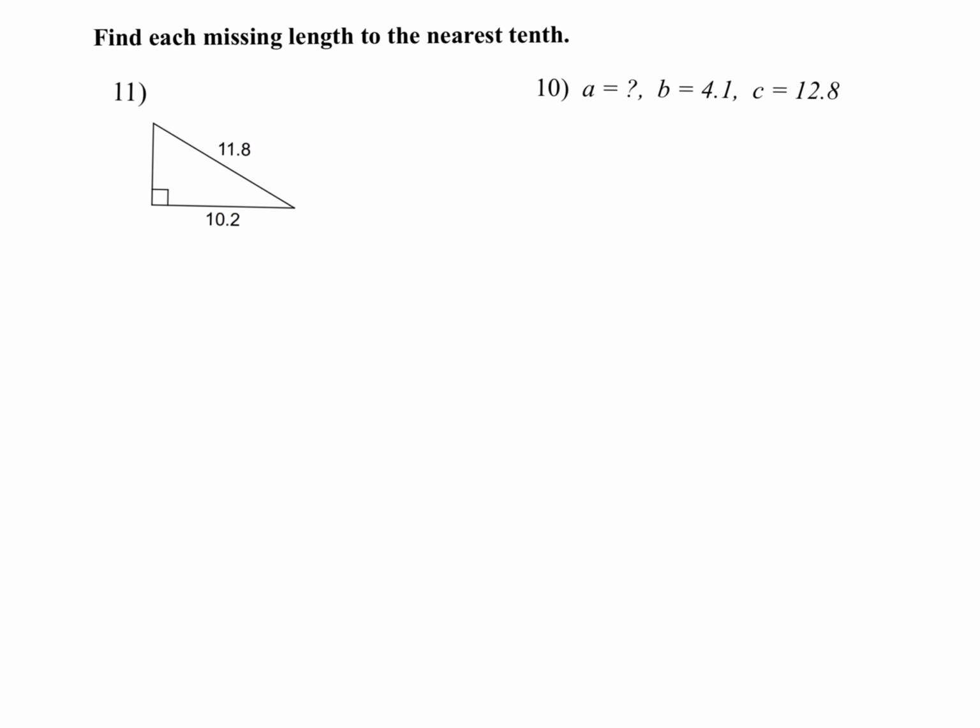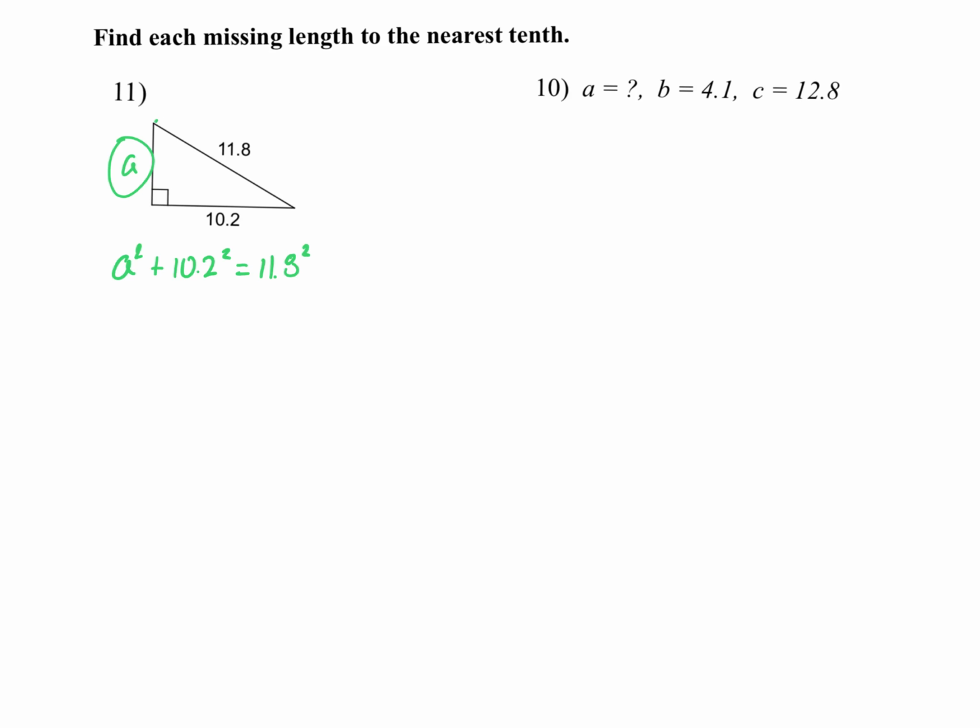Now sometimes we have the C and we're missing maybe like the A or the B. So for this case, I don't know what A is. So I'm just going to call that A squared plus 10.2 squared is going to equal 11.8 squared.